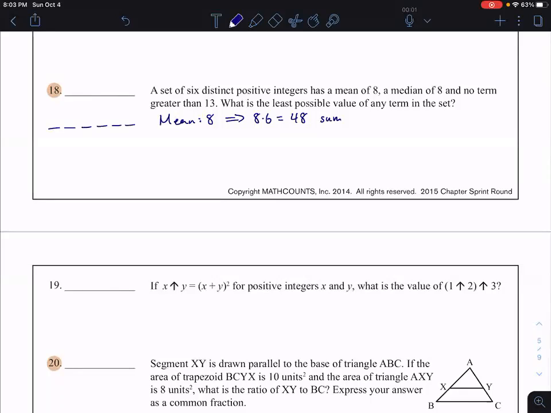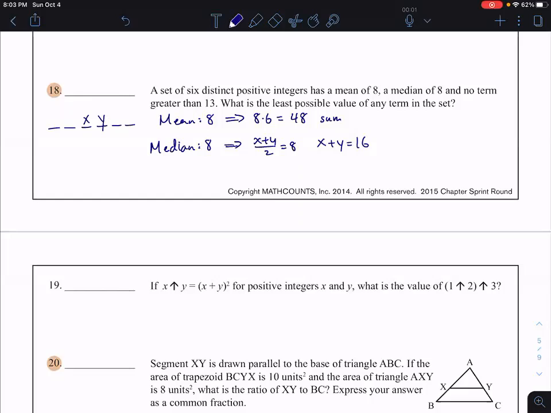Okay. And then the problem says that you have a median of 8 as well. So if your median is 8, then that means these middle two numbers, we'll call them x and y, their sum will add up to 16.